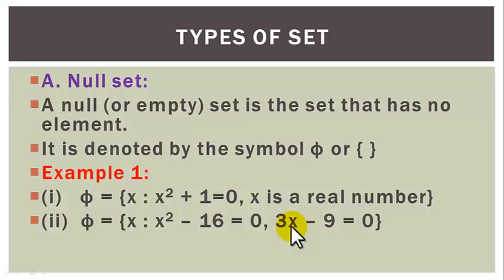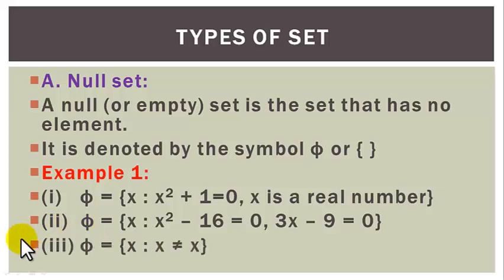If you put x equal to 3 here, 3 times 3 is 9, and 9 minus 9 is equal to 0. This property is satisfied. But that 3 will not satisfy this other property, because 3 squared is 9, and 9 minus 16 is minus 7, which is not equal to 0. Hence, this set is empty.